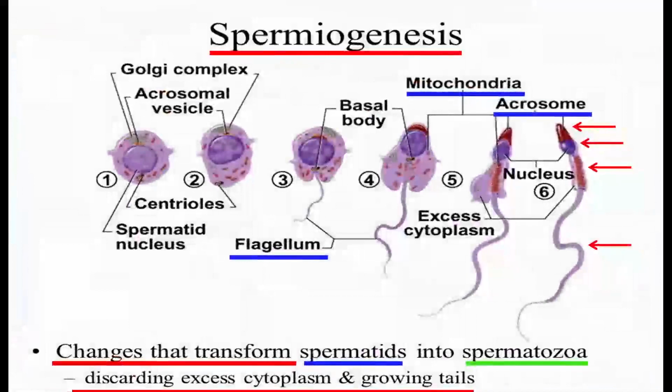Now, the story starts as spermatogonia and then goes through primary spermatocytes, secondary spermatocytes, and then spermatid.